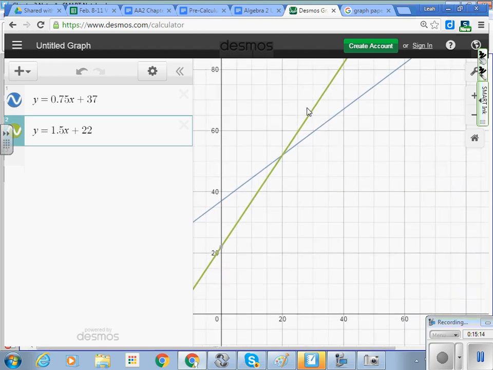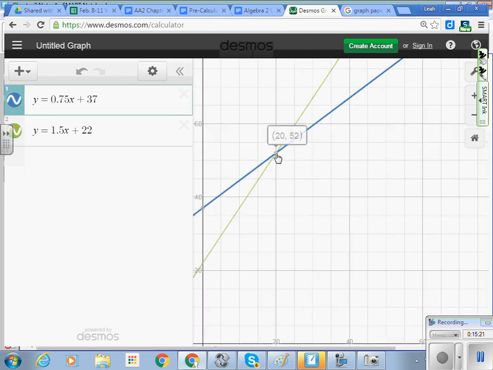Our green line here is one chart and our blue line here is the other. And you can see that they do meet up here at (20, 52).